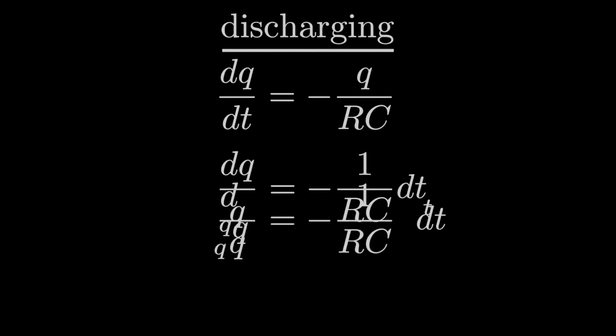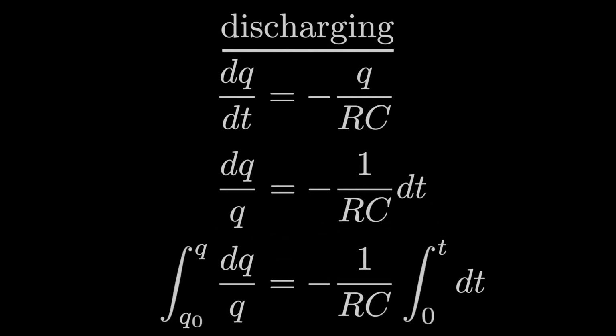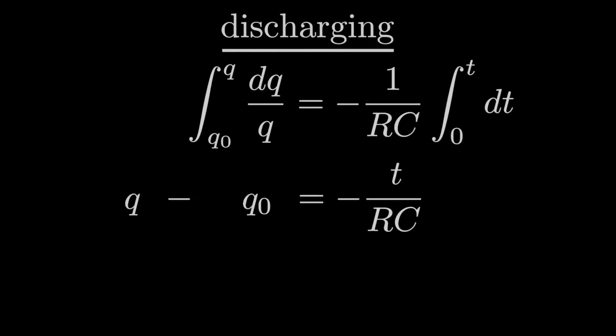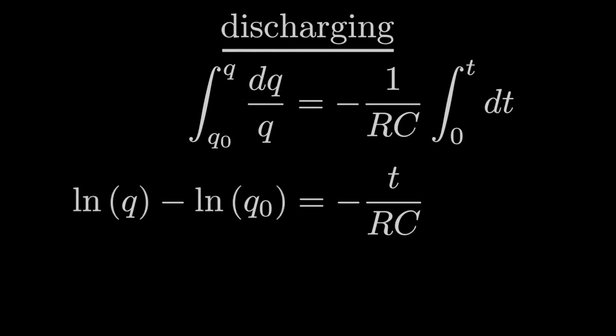And now we're ready to integrate each side. The charge, we're assuming, starts at some initial charge q naught and ends up at some charge q, and the time starts at t equals 0 and ends up at some time t. Then the definite integral on the left evaluates to the natural log of q minus the natural log of q naught, and the right just ends up being negative t minus 0 all over RC.